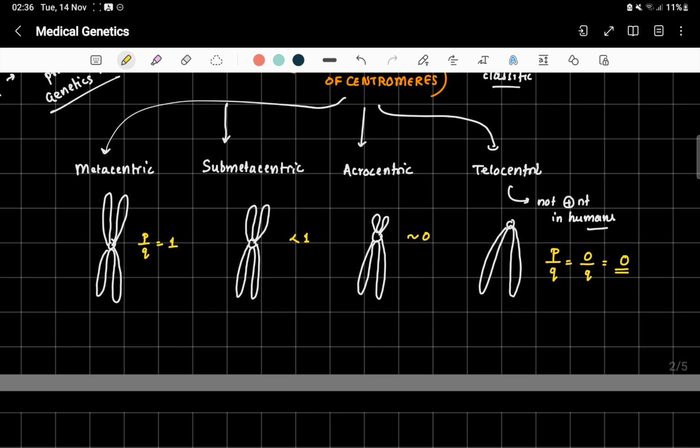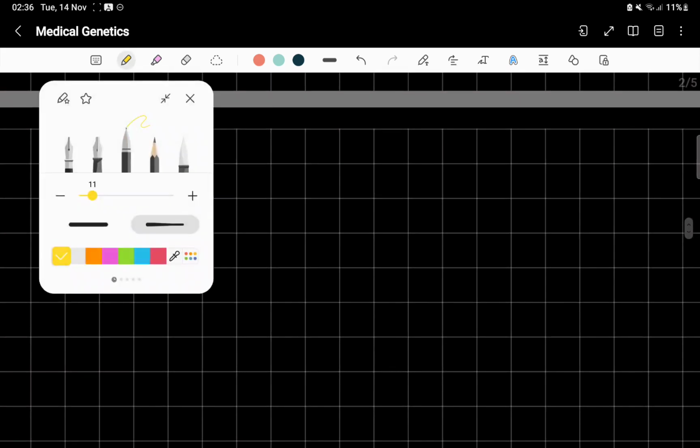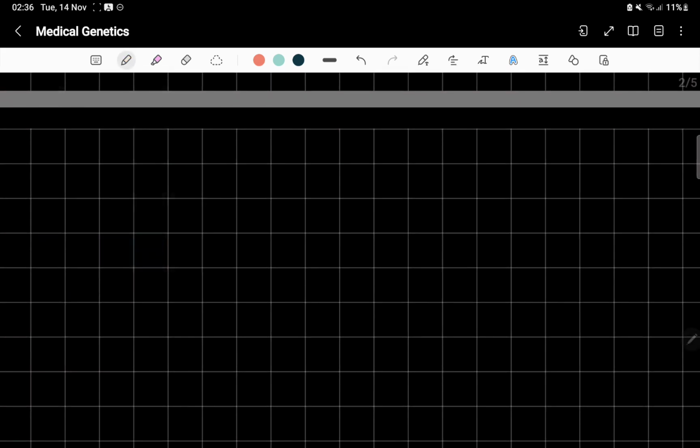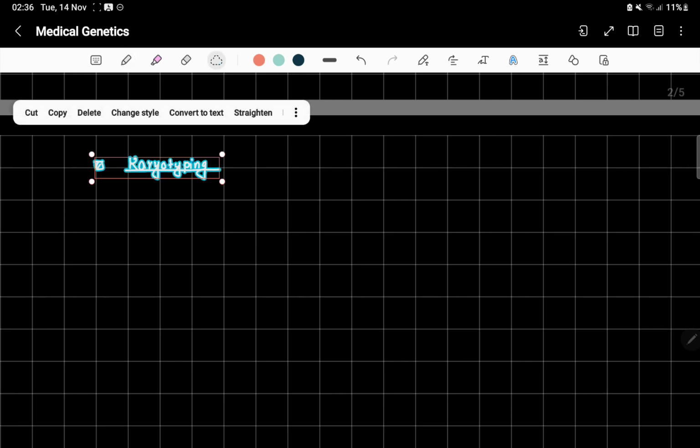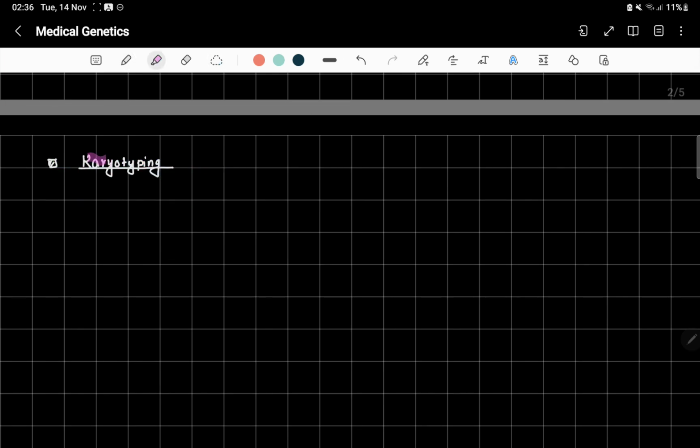Then we will learn about karyotyping. Let's learn about karyotyping.